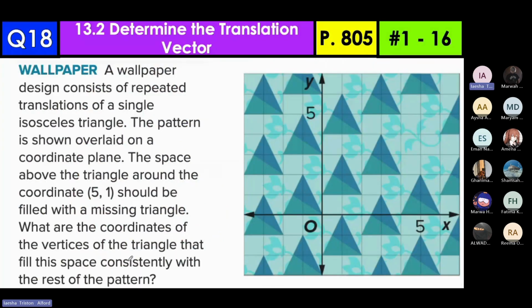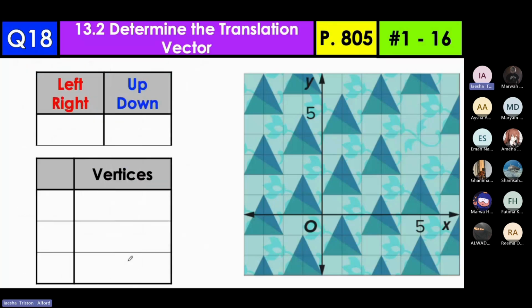This question wants to know where the triangle should go in the missing blank. Okay? So for this one, pick a point in the same place. You see the picture is like a translation. To get from this point to this point, I'm going left or right? Right.